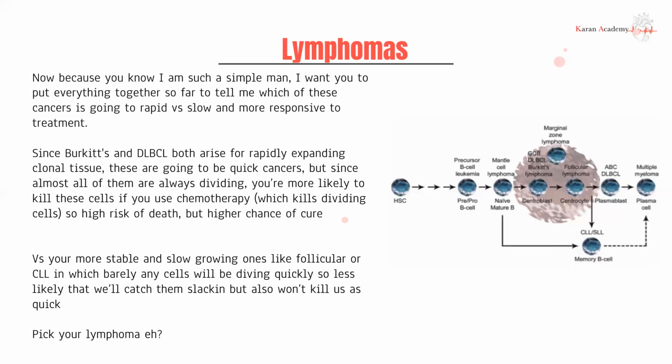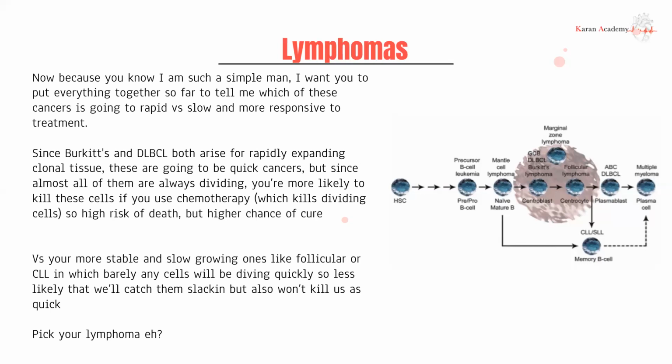Because compared to Burkitt's lymphoma, a very small percentage of all the cells, 10, 15, some arbitrary number, are going to be in an actively replicating phase. So even if you kill those 15% of cells that are replicating at that point in time, you are very unlikely to get everything. Therefore, although this won't kill us quickly, it's also very hard to cure these slower growing lymphomas.